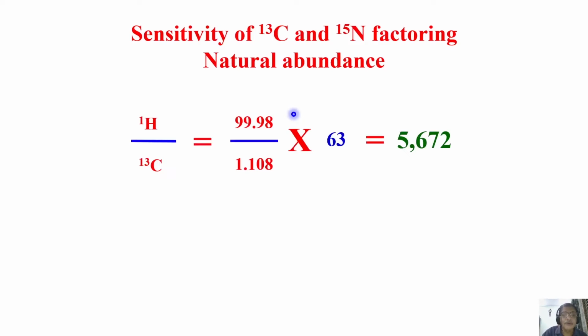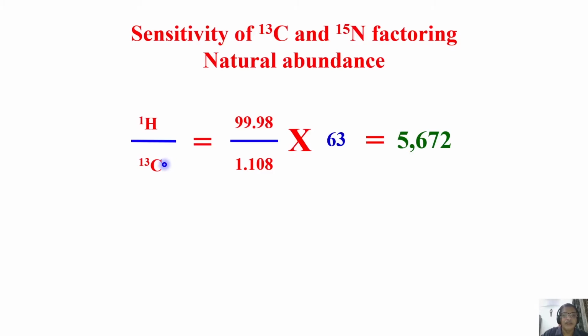What is going to happen? This factor we worked out with gyromagnetic ratios. It was 63 cube of gyromagnetic ratios. Now let us factor abundance also into account. Take that proton is 99.98, this is 1.108. If you plug these numbers into your calculator, it turns out to be around 5,600 or 5,700.